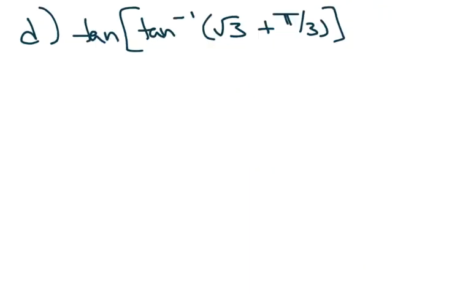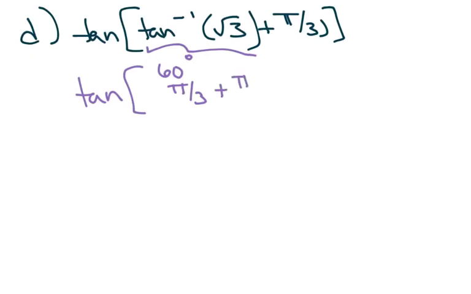The last thing we need to do for this section, problem D, we're going to do the tangent of the inverse tangent of square root of 3 plus pi/3. Well, the first thing we want to do is evaluate the inverse tangent of square root of 3. If you do that in your calculator, it's going to give you 60 degrees, which is pi/3. Then by order of operations, we're going to add pi/3 plus pi/3, which is 2 pi/3.